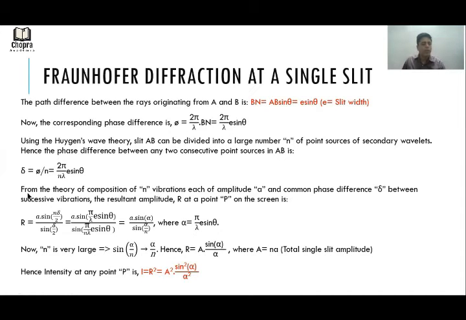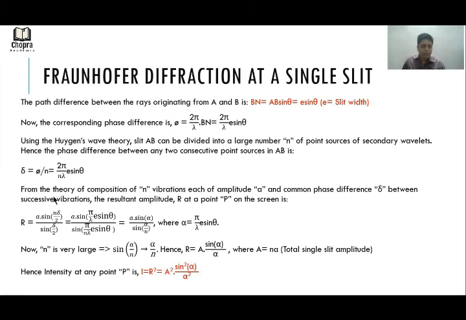Now we use the result from the theory of composition of n vibrations, each of amplitude a and common phase difference delta between successive vibrations. The resultant amplitude R at a point P on the screen is R equal to a sine(n delta by 2) by sine(delta by 2).